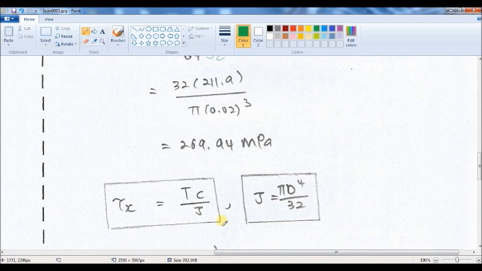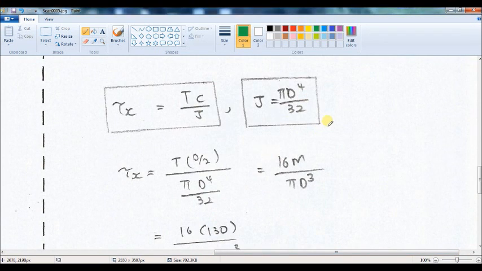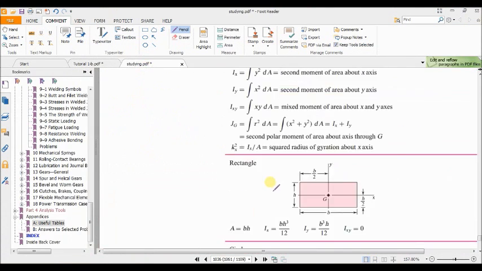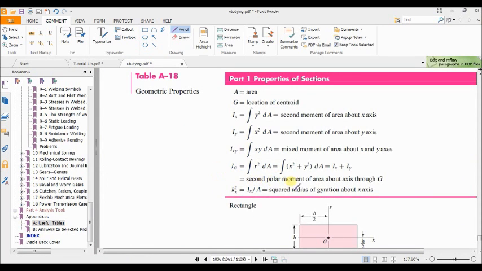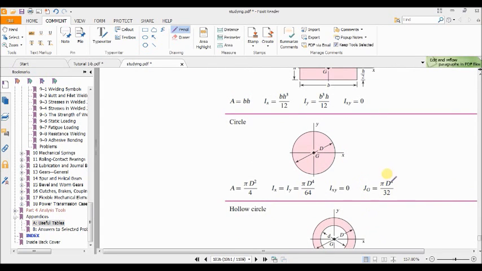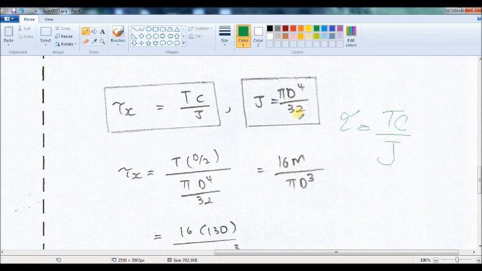Alright, to find the torsional shear stress for this cross section, we can use this equation, Tc over J, in which J is the second polar moment of area. And again you can find the equation in this table, pi d to the power 4 divided by 32.